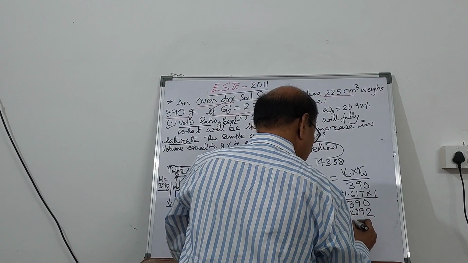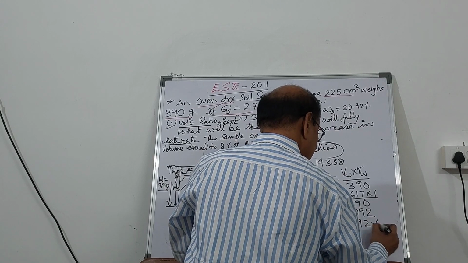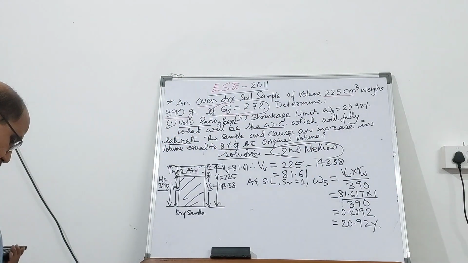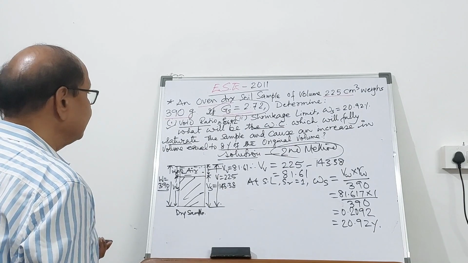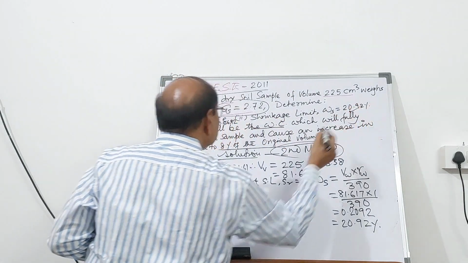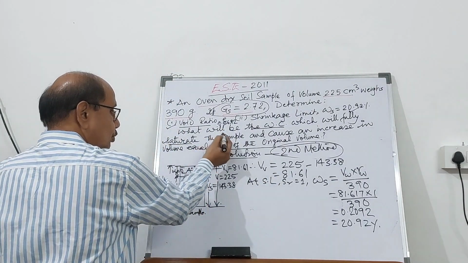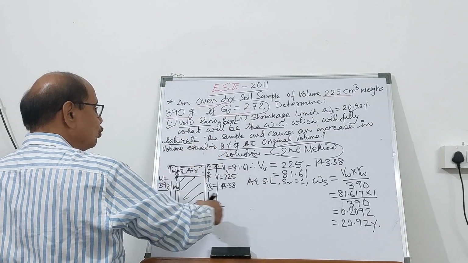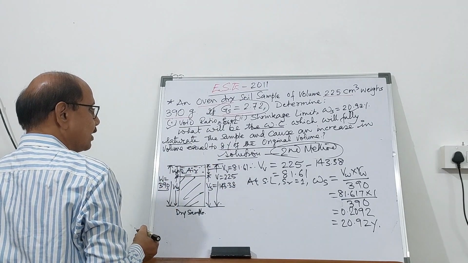That means it is 20.92%. So either method, whether you are going by the first method or by the second method, the shrinkage limit answer is going to be the same. Void ratio also the same, shrinkage limit also the same, but I am making use of this three-phase diagram.